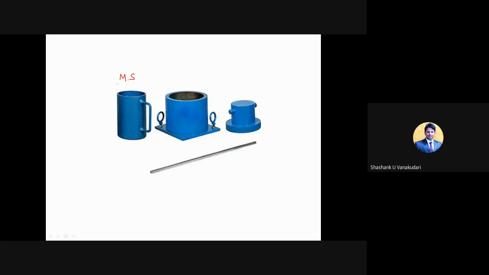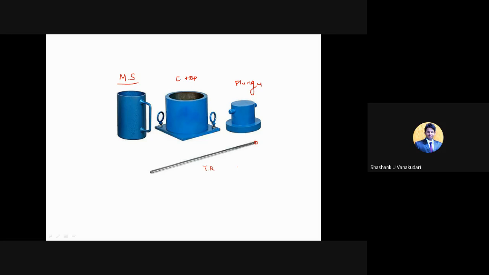This is the measuring cylinder, and this is the cylinder with base plate, clear? Then this is the plunger, and this is the tamping rod having a length of 600 mm and a diameter of 16 mm, that is 1.6 centimeter.